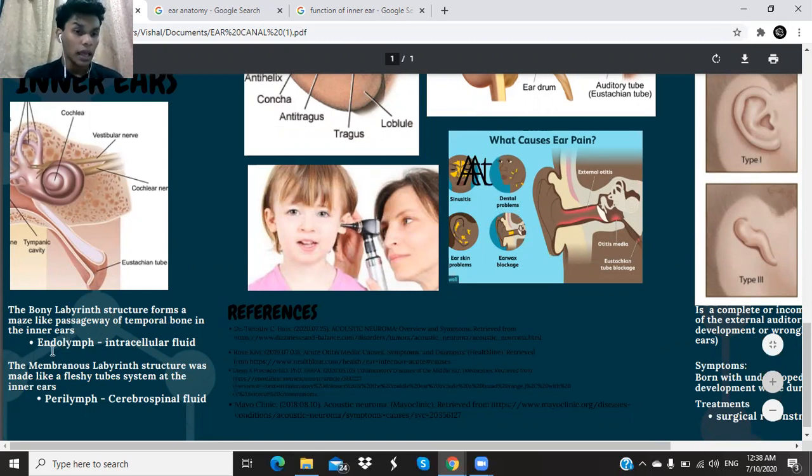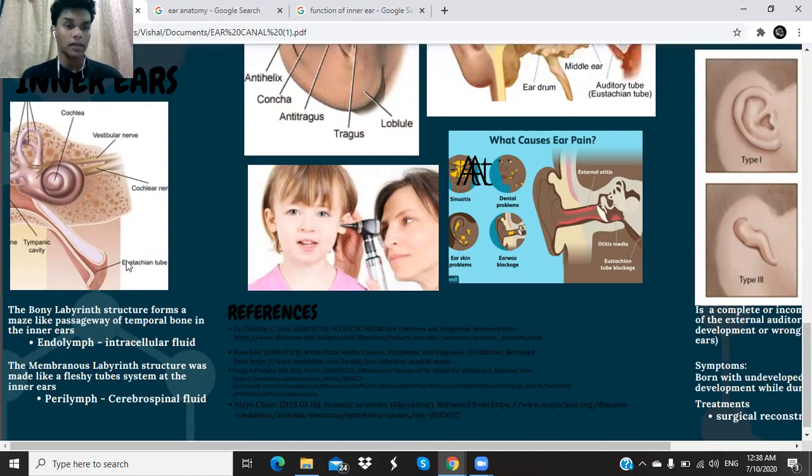It contains endolymph, an intracellular fluid which helps to transfer the vibration into signals that will be sent to the brain. We also have the membranous labyrinth, which is made like a fleshy tube system in the inner ear.